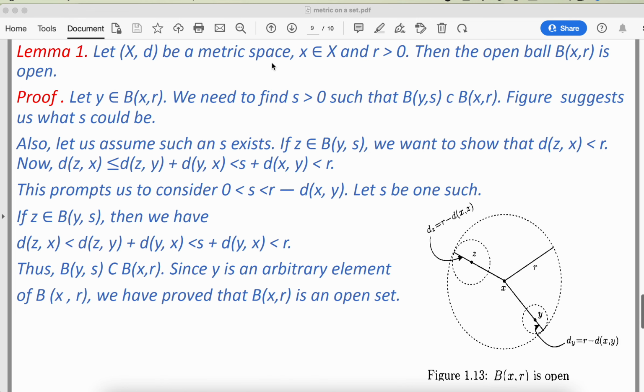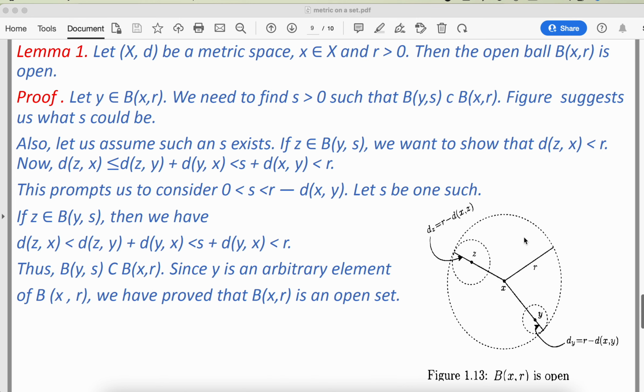Suppose (X, d) is a metric space, x belongs to X and r is greater than 0. Then the open ball centered at x and radius r is open. Let's see. Suppose y belongs to B(x, r). Now we need to find s greater than 0 such that the ball centered at y and radius s is a subset of the ball centered at x and radius r. The figure suggests what s could be.